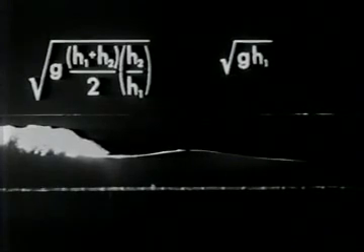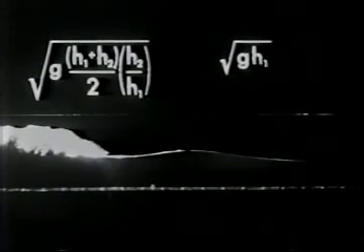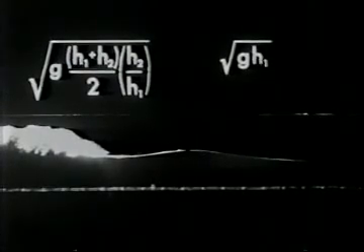Small amplitude waves ahead of the surge wave move at the speed square root of gh1 relative to the fluid. If you compare these expressions, you will see that this local wave speed is always less than the speed of the surge wave. Thus, the surge wave catches up to small amplitude waves ahead of it.